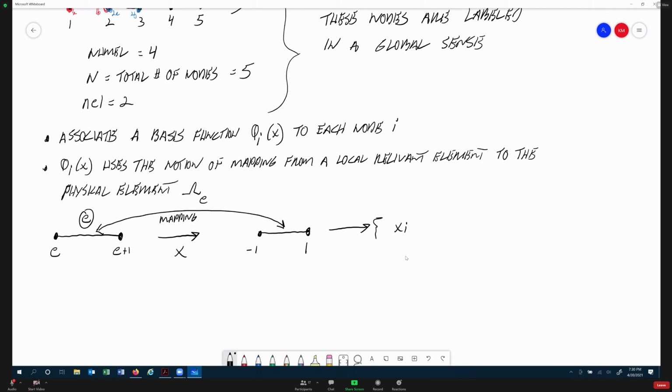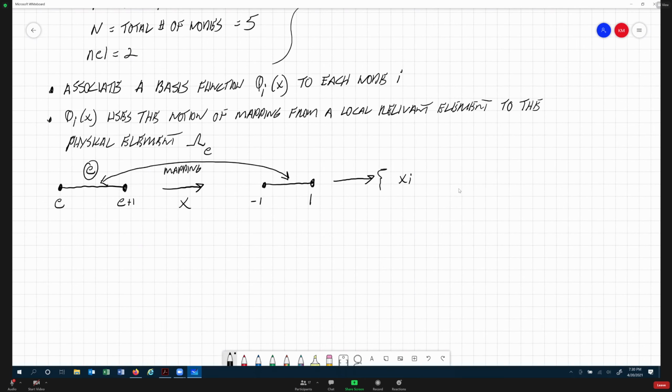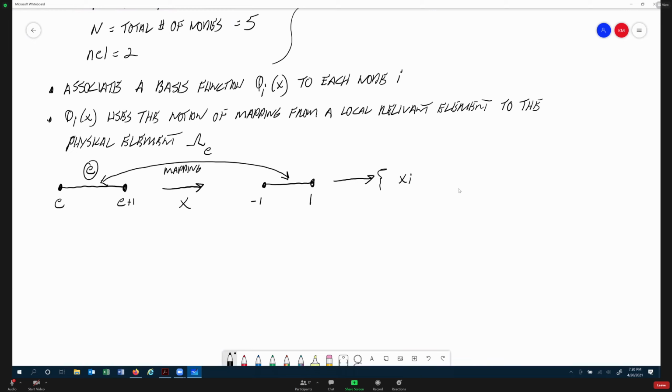So we're mapping from these nodal values, which from our example up above could be element 1. And remember, I wrote 1A and 1B.